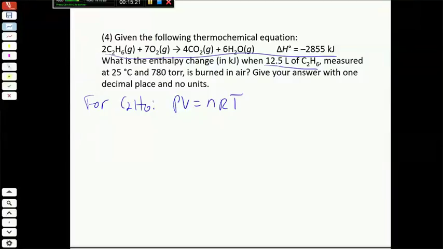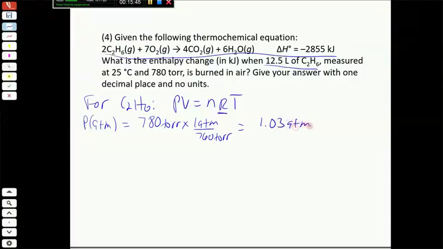So PV equals nRT, we have to get the pressure in atmospheres to be able to use this equation, because our standard value of R is in liter atmospheres per kelvin mole. So for our pressure in atmospheres, again, that same conversion that we do many times, 780 torr is the pressure, and we divide by 760 to get it into atmospheres. So that comes out to 1.03 atmospheres, so just about 1 atmosphere.